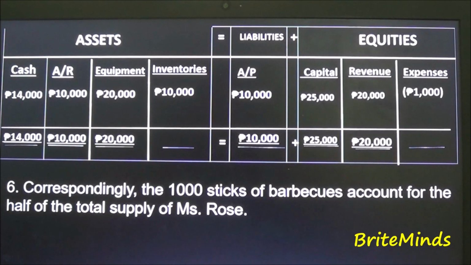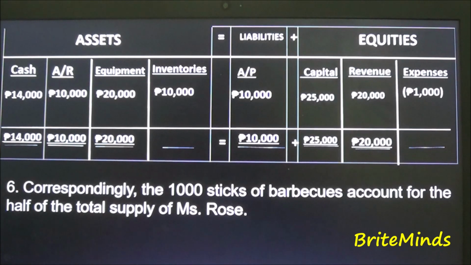Transaction number 6 says, correspondingly, the 1,000 sticks of barbecue account for half of the total supply of Miss Rose. So according to this transaction, the 1,000 sticks only account for half of the total supplies.